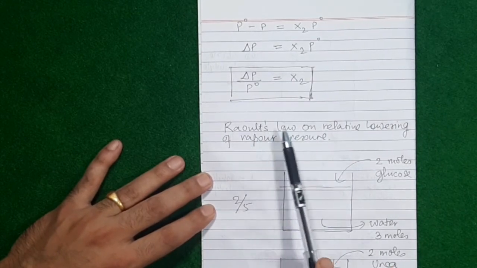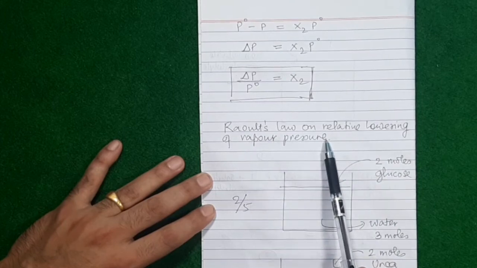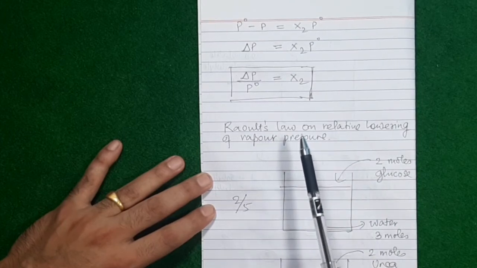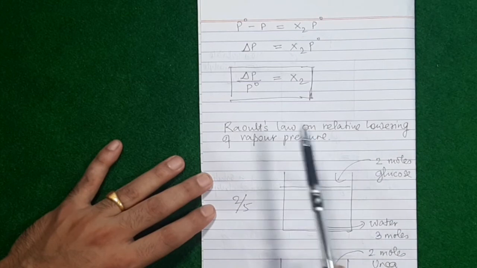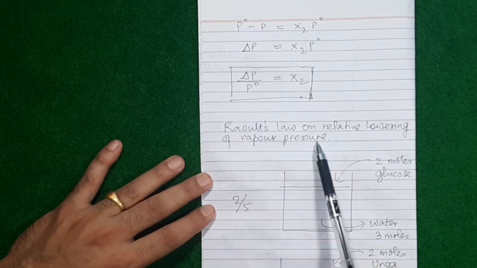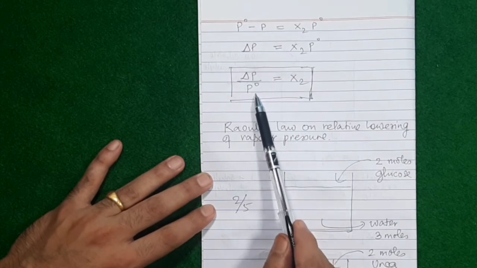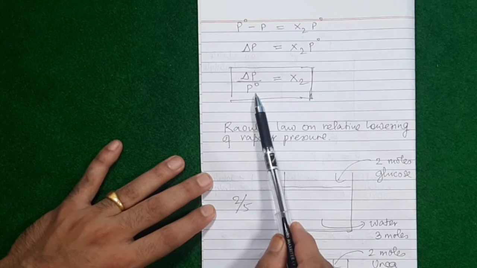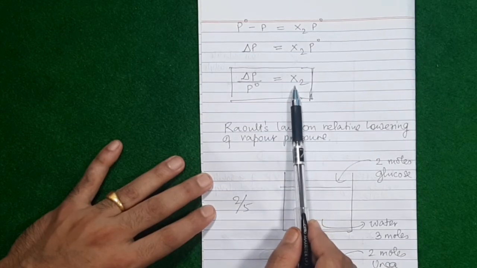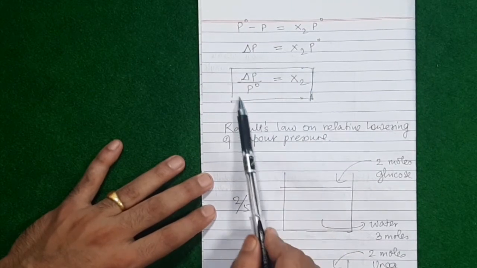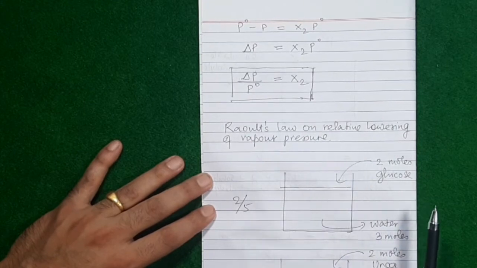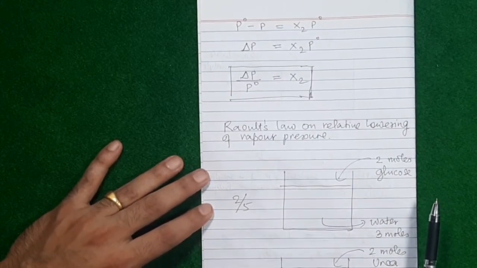So how do you state it? Raoult's law on relative lowering of vapor pressure containing a non-volatile, non-electrolyte solute states that the relative lowering of vapor pressure of the solution is always equal to the mole fraction of the solute. This formula itself, when you state it, becomes Raoult's law on relative lowering of vapor pressure.